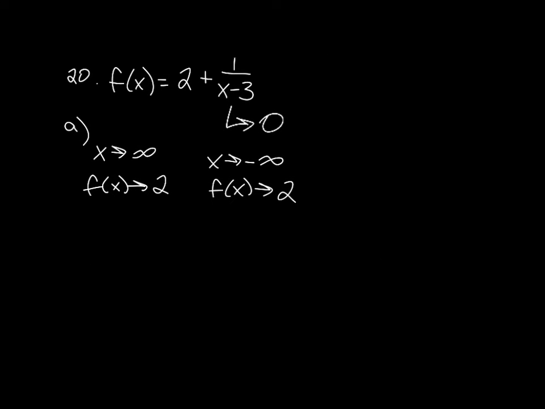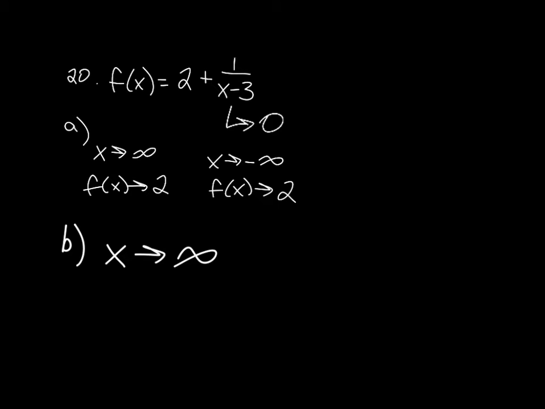So what's going on is x is going to only positive infinity here. Okay, so what they're saying is as x is going to positive infinity, are we bigger than 2 or are we less than 2?